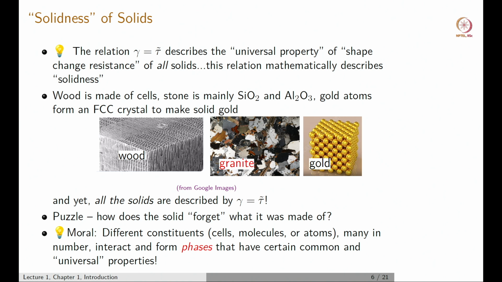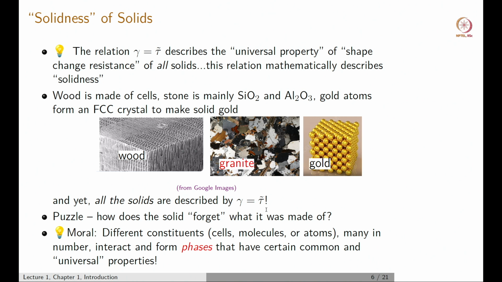And if you take a crystal of gold, it is made of gold atoms, individual atoms stacked up in something called the face-centered crystal. So the structure and the constituents of these three examples are all different. Yet all the solids that form out of these are described by this universal relationship, which is that gamma is equal to tau tilde.